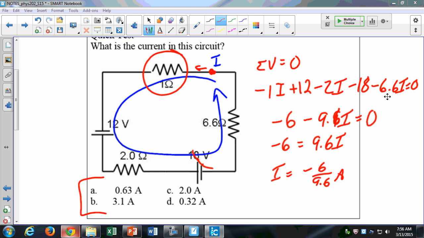Why it is negative 2i: negative 2i because I'm going with the current across the resistor, and resistors experience a drop in potential when you're going with the current. Because the voltage of the right side is higher, for the 2 ohm resistor?